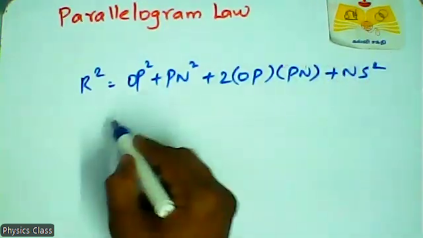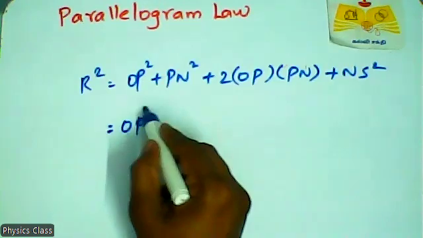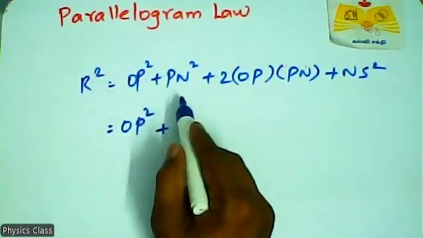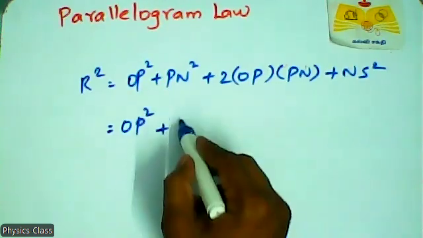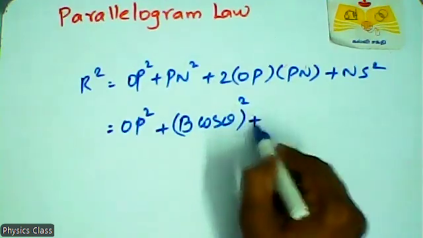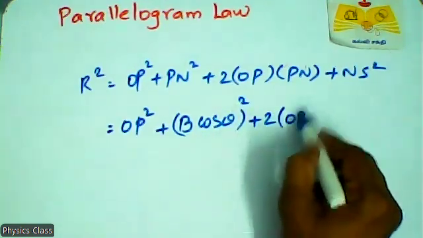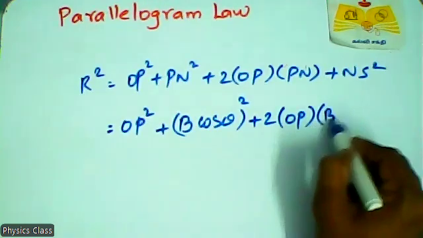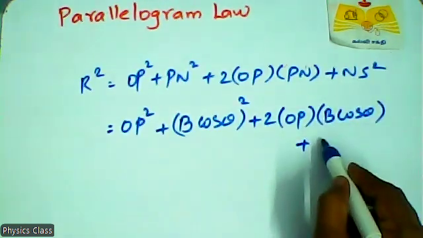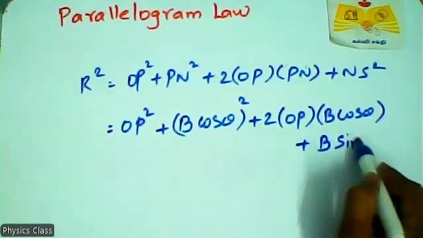So OP square is that. PN we already have, that is B cos theta. So 2 OP PN means 2 OP B cos theta. NS we already have, that is B sin theta, whole square.